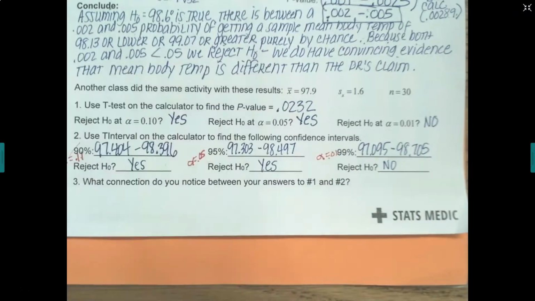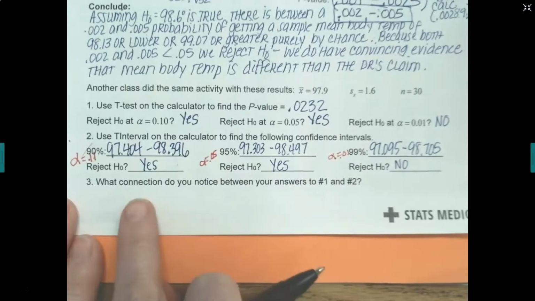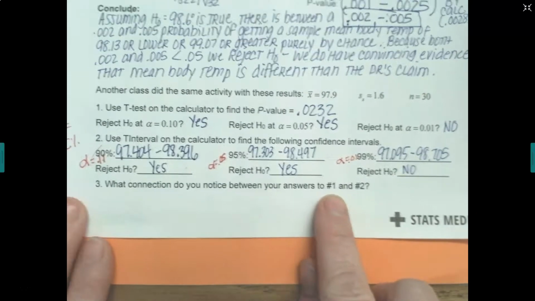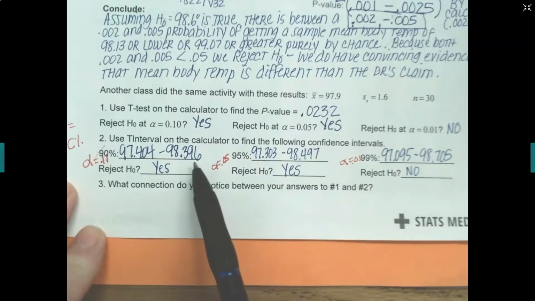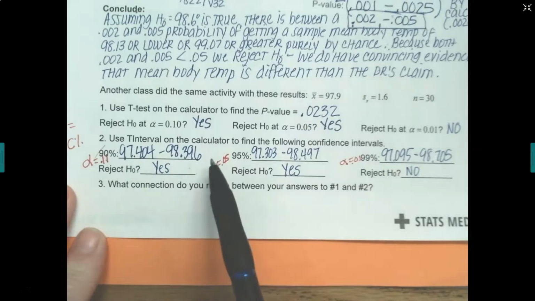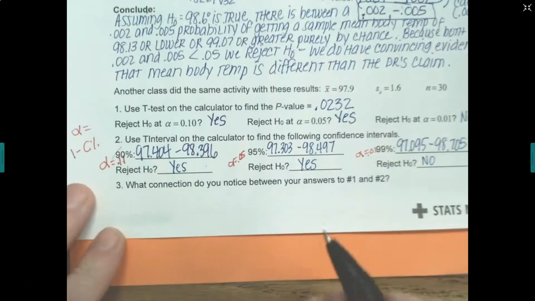Okay, so we've talked about the plausible values and how they relate to our hypotheses, but now take a look. What connection do you notice between the answers in 1 and 2? So the decision whether or not to reject is the same using confidence intervals for a two-sided test. Let me say that again.